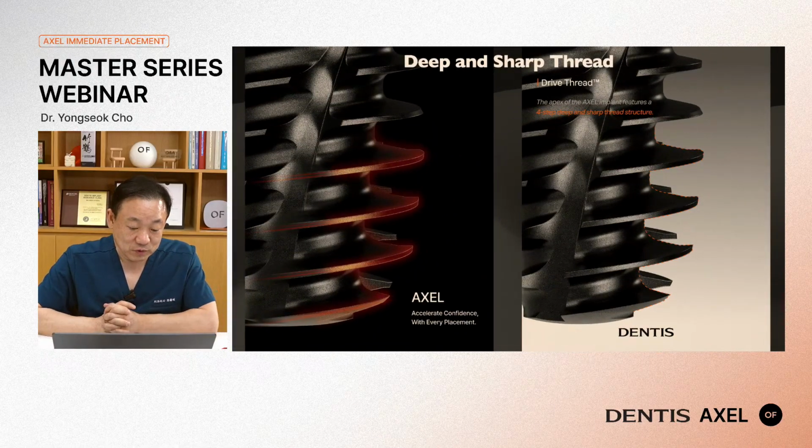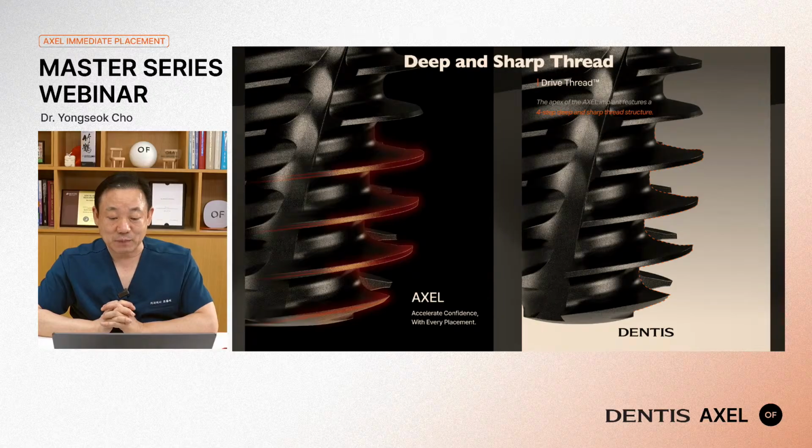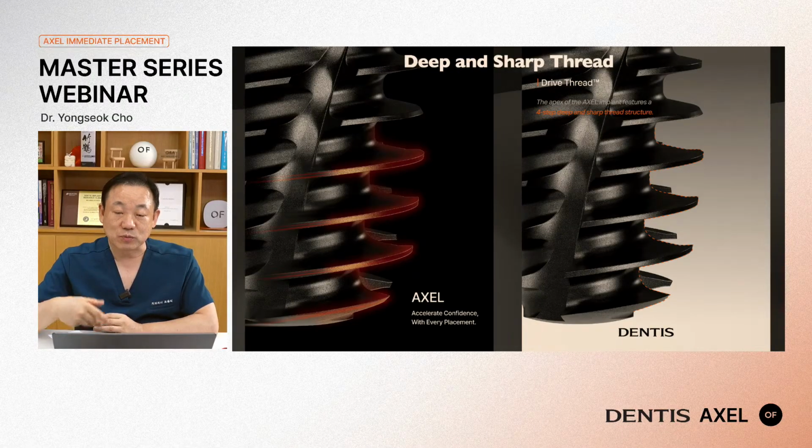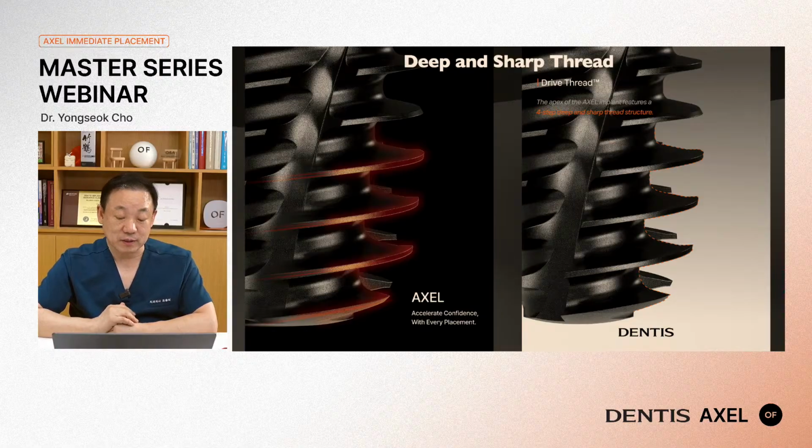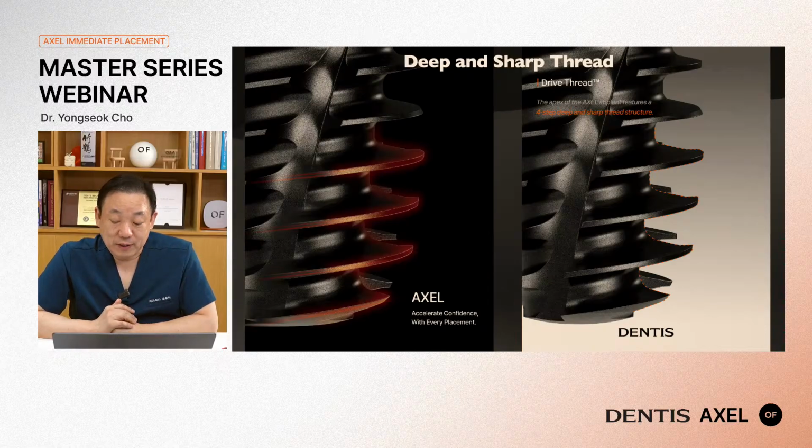It features a deep thread with excellent self-tapping ability, allowing smooth insertion and reliable insert stability, even in situations such as immediate implant placement after extraction, or where available residual bone is limited and the apical bone is dense.